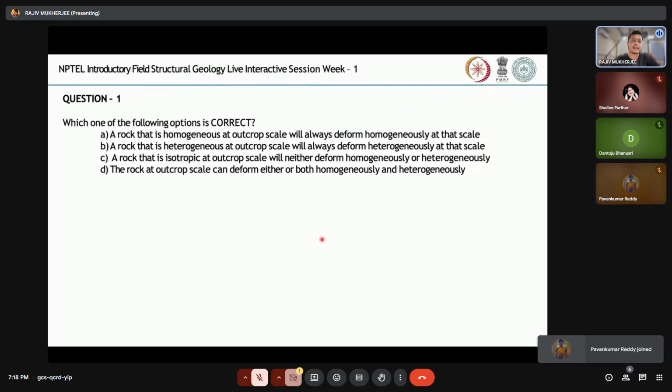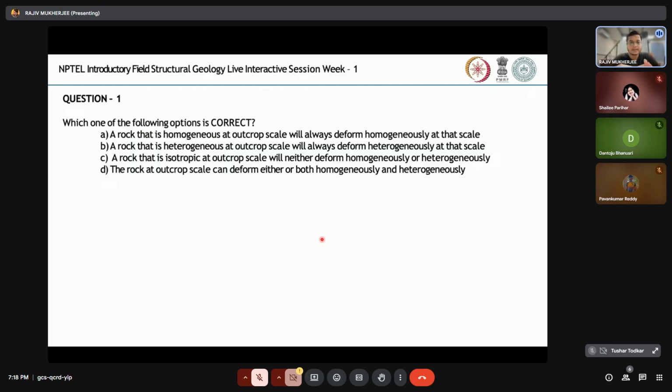Option B, a rock that is heterogeneous at outcrop scale will always deform heterogeneously at that scale. Option C, a rock that is isotropic at outcrop scale will neither deform homogeneously nor heterogeneously. And option D, the rock at outcrop scale can deform either or both homogeneously and heterogeneously.